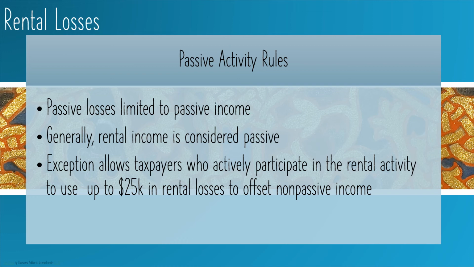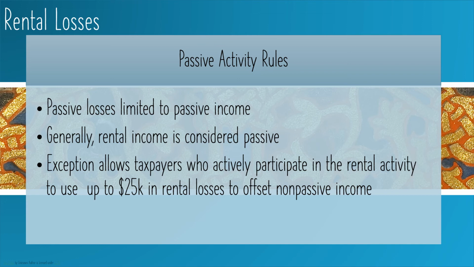There's an at-risk rule, so the taxpayer needs to be at risk of losing their investment if something were to go wrong in order to claim any of these losses. And then there are passive activity rules, which can also determine how much the taxpayer can take in losses.